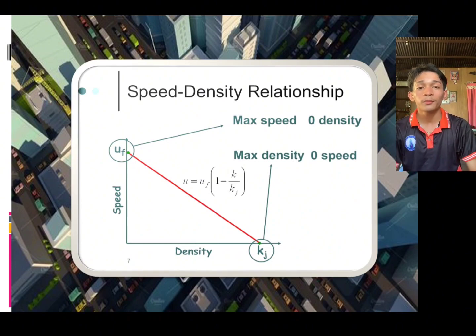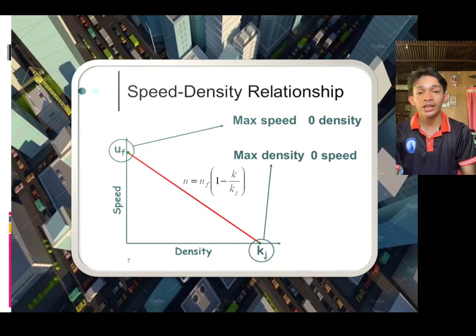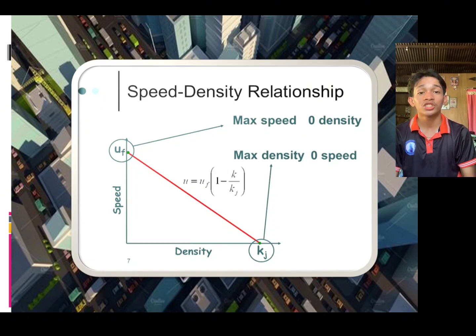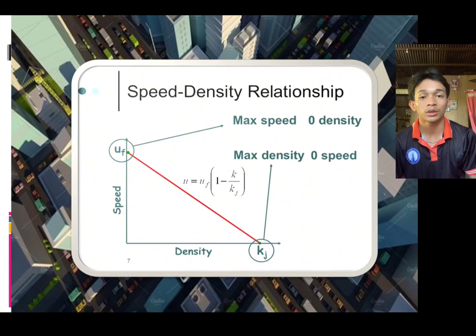So we have a formula: U equals U sub F, which is the free flow speed, times the quantity of 1 minus K, the density, divided by K sub J, the jam density.